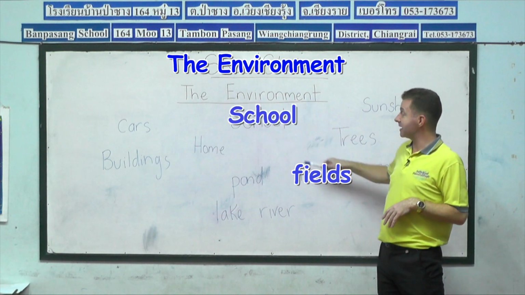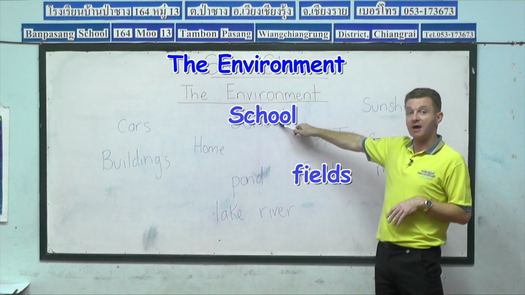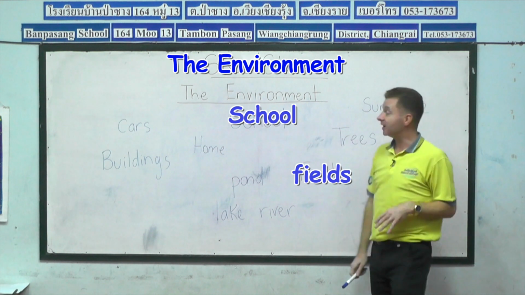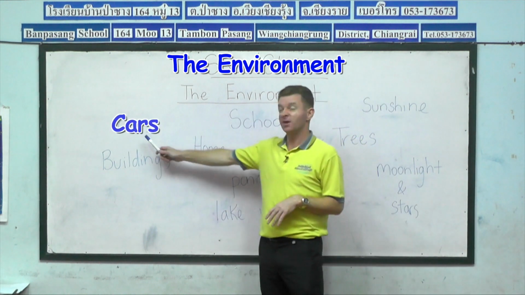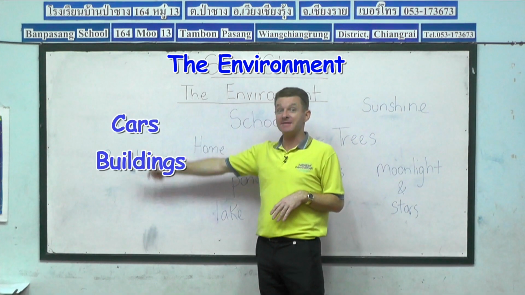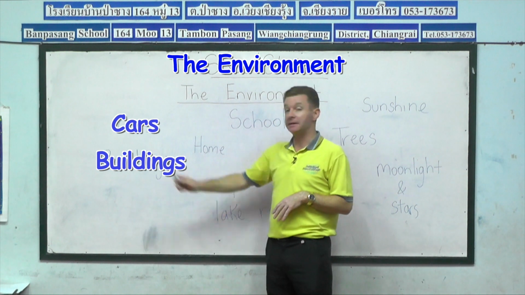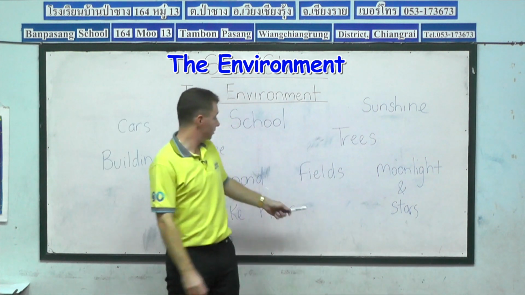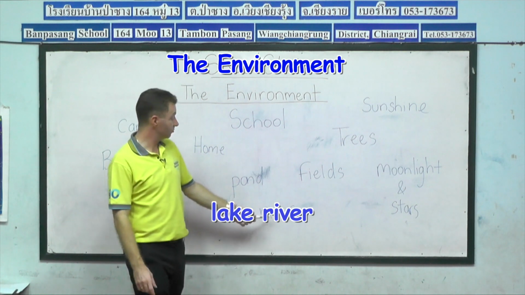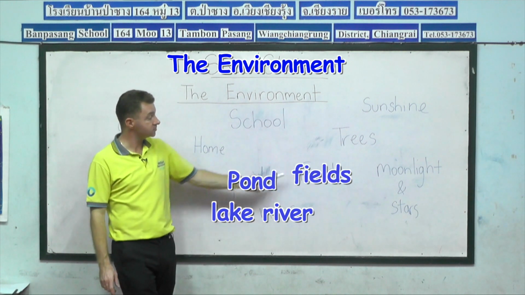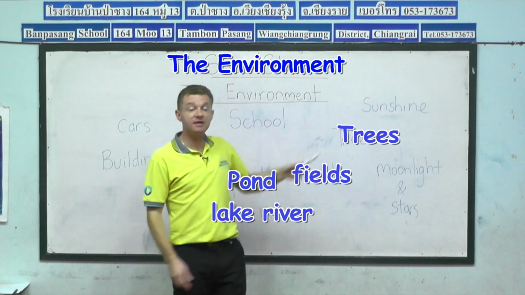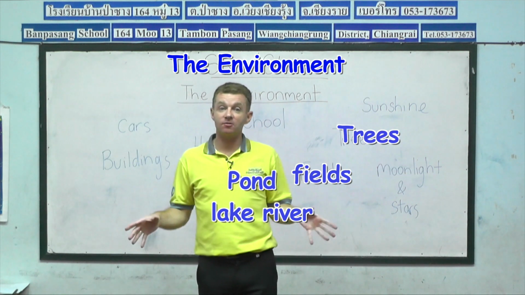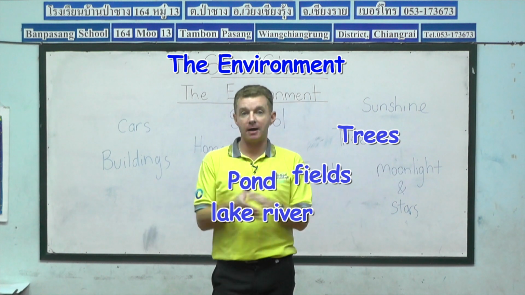So this is an example of a man-made environment and a natural environment together. Then, if we go into the city centre, you're going to see man-made environments with cars and buildings. But then the more into the countryside we go, we'll just see natural, such as rivers, ponds, fields, and trees. And this is how we can dictate what the environment is by looking around us.